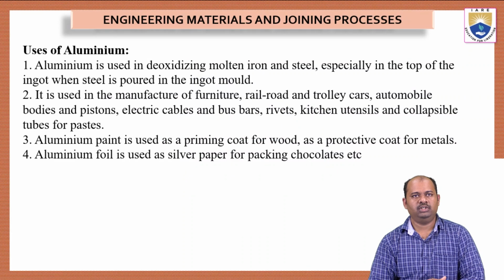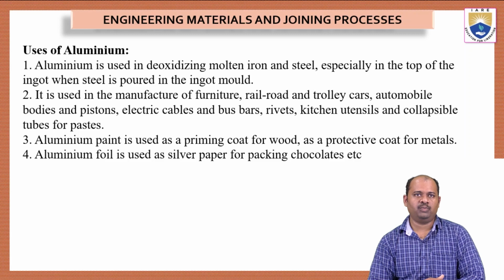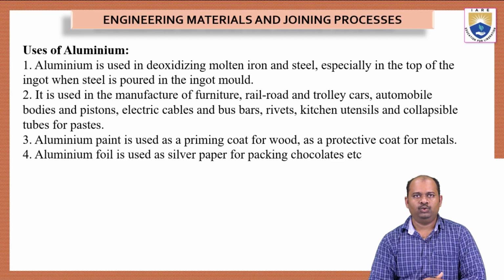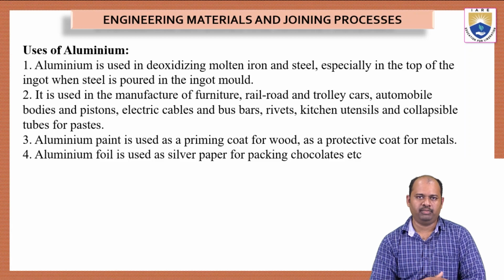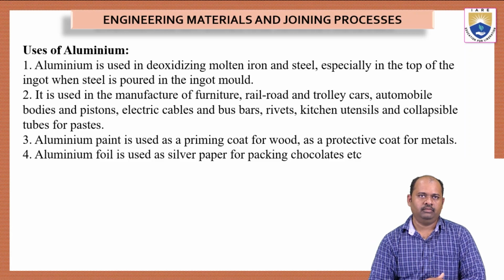Now, when we see the uses, aluminum is used in deoxidizing molten iron and steel, especially in the top of the ingot when steel is poured in the ingot mold. Iron and aluminum have different melting temperatures. That is why aluminum is used in the deoxidizing process, where it can be used to process iron or steel.